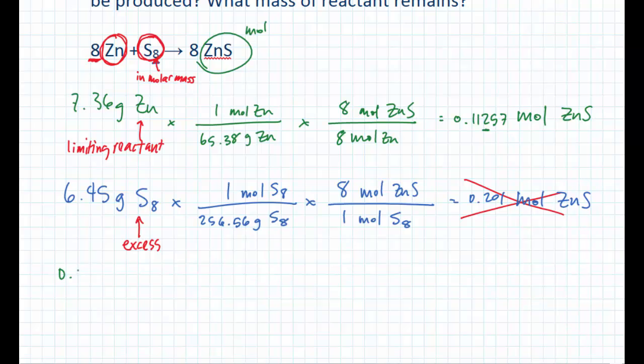Let's take those moles, 0.11257, and that's why it's important to give yourself a couple of extra sig figs. 1 mole zinc sulfide, 97.45, I think, is what the molar mass is. Did anybody else add that up? Is that right? Okay. Thank you.